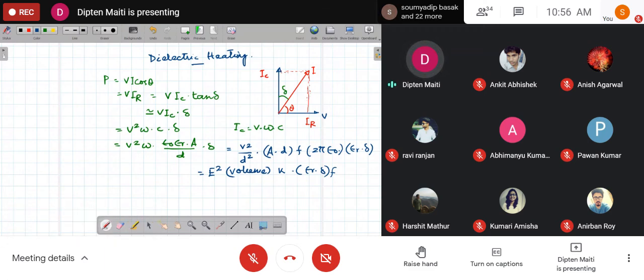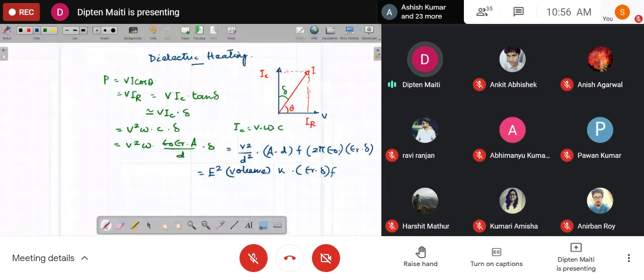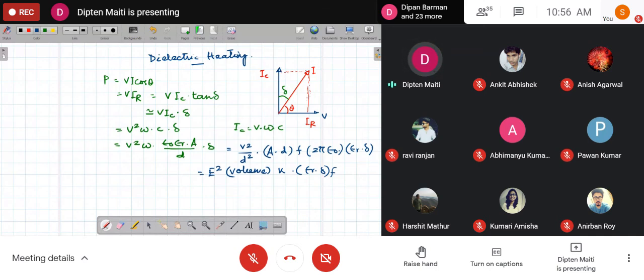So he had a chocolate in his pocket. It was a cold day, and after working for a certain duration on the surface of the telescope, there was some problem. He found that the chocolate melted.